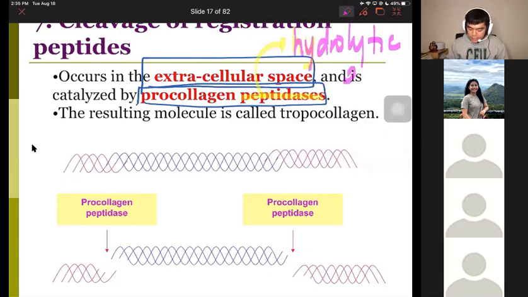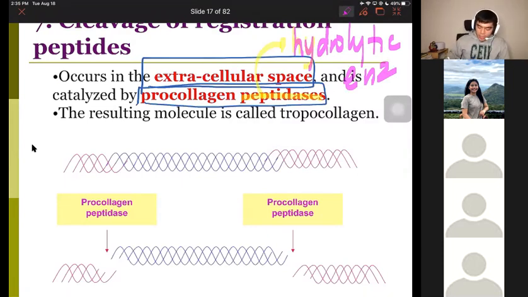So when we say hydrolytic enzyme, this tells us that peptidases promote hydrolysis. Okay, hydrolysis. Question, pag may hydrolysis, nasisira ba ang peptide bond? Yes or no? Pag may hydrolysis, nasisira ba ang peptide bond?